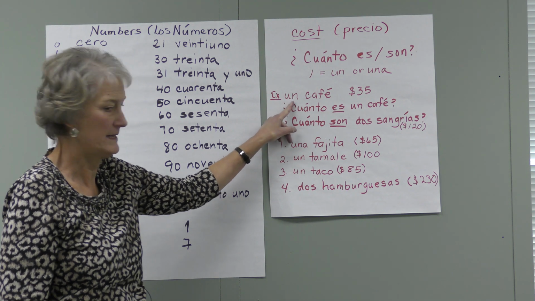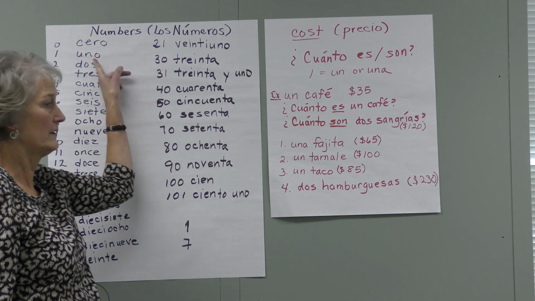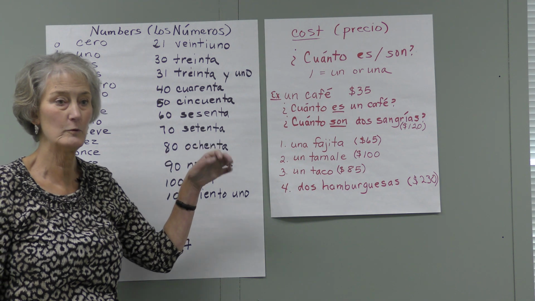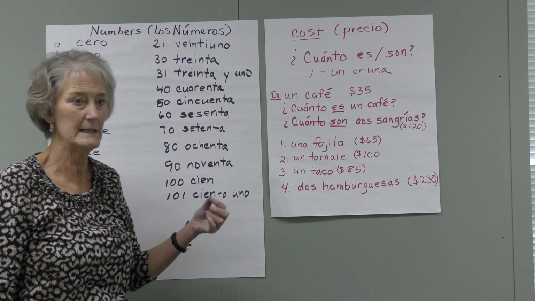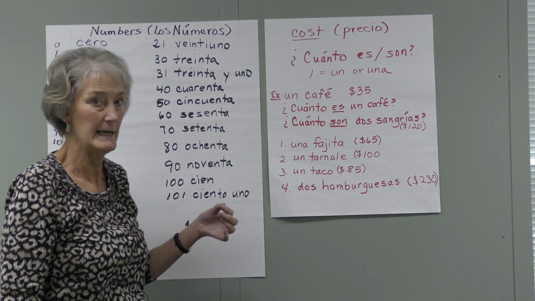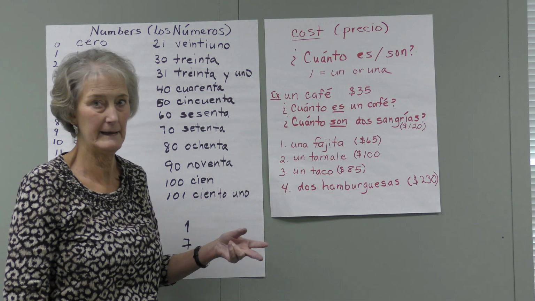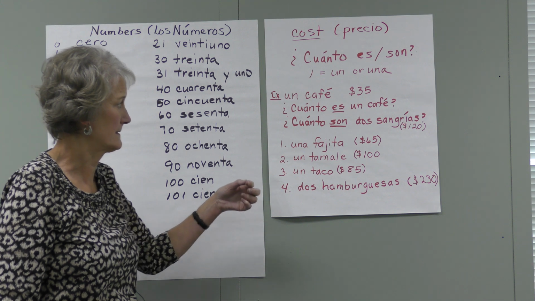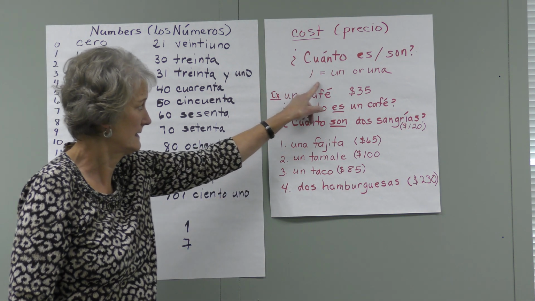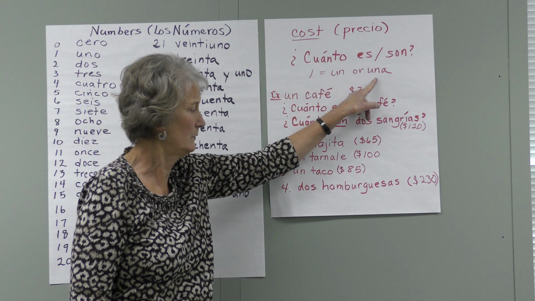The other thing I wanted to mention is that over here, the number 1, when we counted, was uno. The only time you use uno is when you are counting, uno, dos, tres, or if you're playing the game Uno. Otherwise, 1 is either un or una.